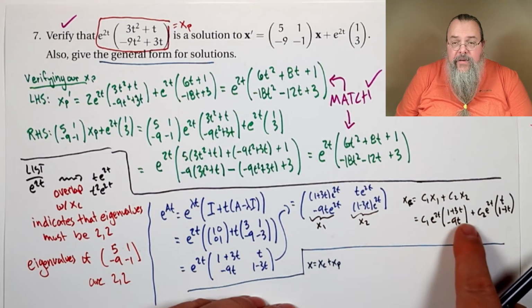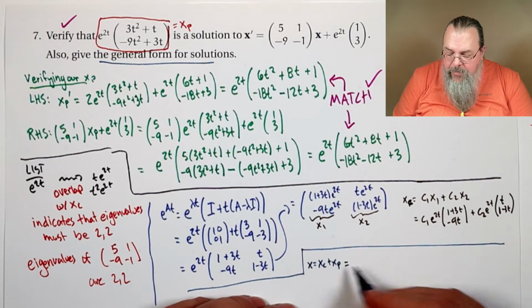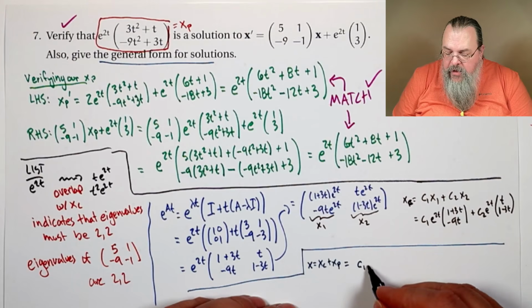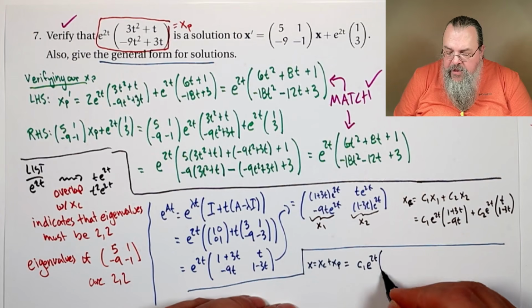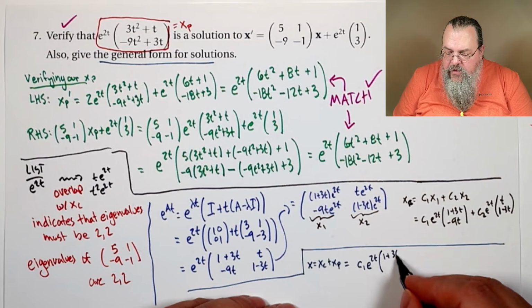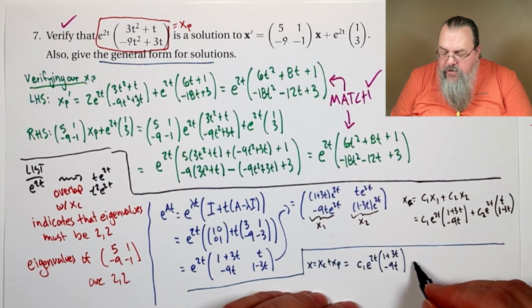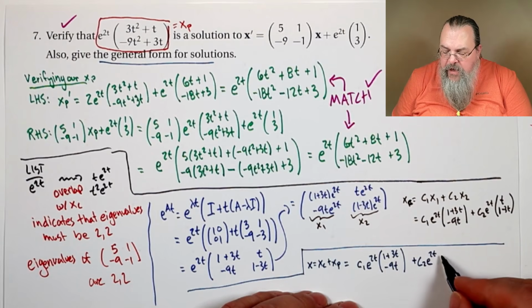Here is our xc. We were able to grab it pretty quickly. And even if you didn't see the bumping, it wouldn't take you very long to just go through and find the eigenvectors.